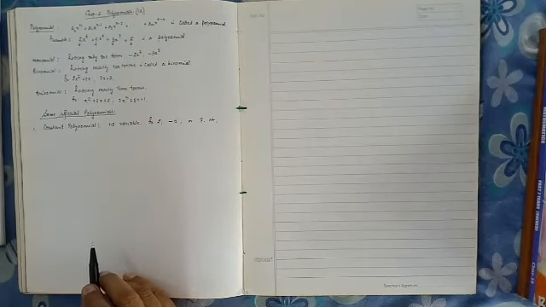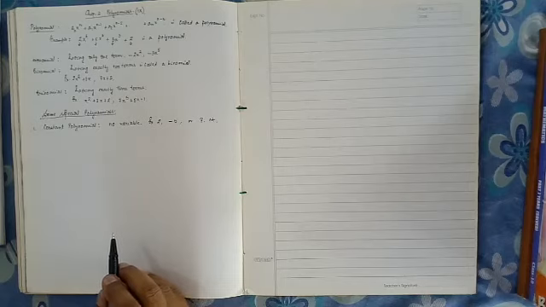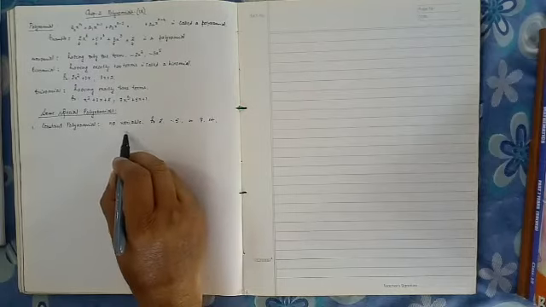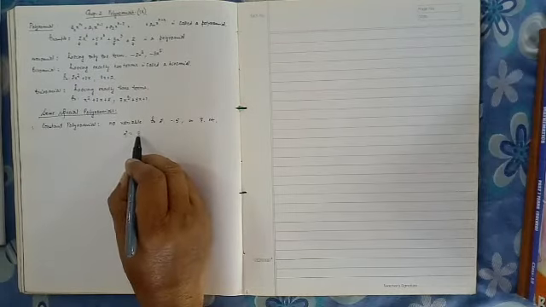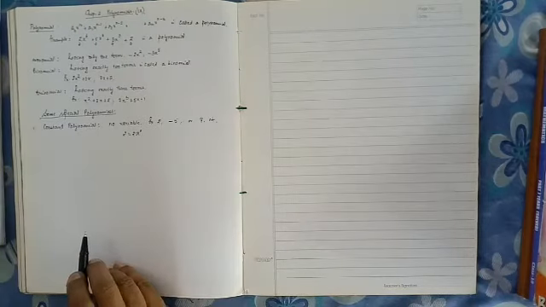Now in this constant polynomial, where is the variable? Actually the variable has power 0. That is, for 2 we can write 2x to the power 0.